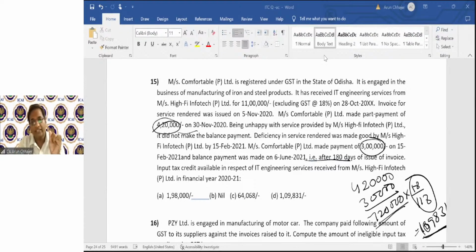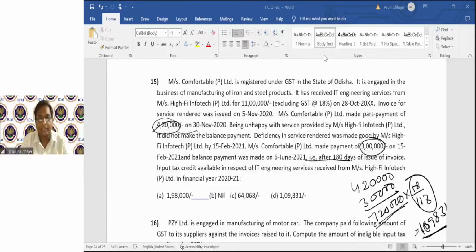So it is inclusive of tax, everything right now. So 720 will be inclusive of tax. Then how to calculate the tax? So I will divide by 118 multiplied by 18. Is it clear? ठीक है कविता, I hope it is clear, right?